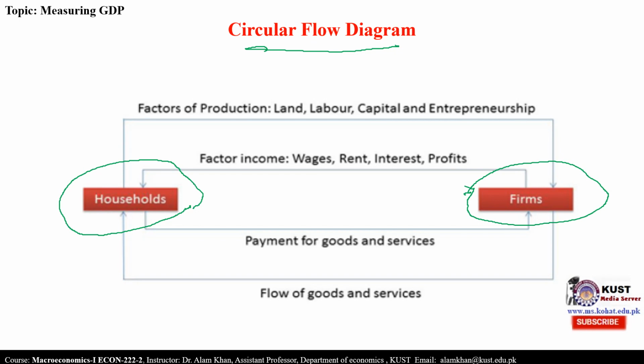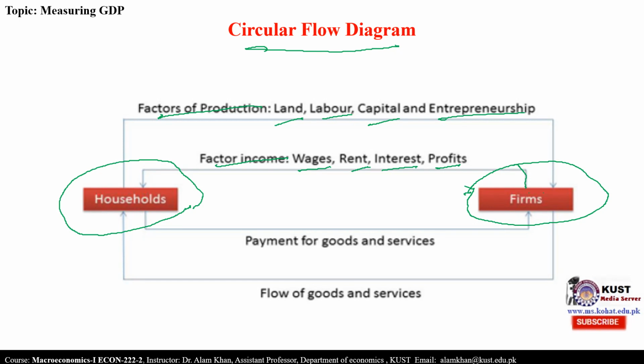Households provide the factors of production in the form of land, labor, capital, entrepreneur to the firm. As a result, the firm pays the factors of production in the form of wages, rent, interest rate, profit.